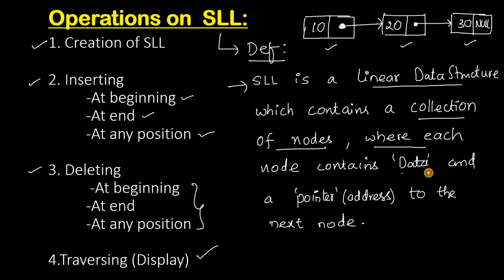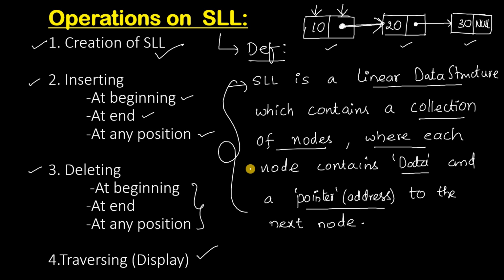First one is data field and second one is pointer or address field. So this is the data field and this is the pointer or address field, which points to the next node in the list. Okay, so this is the definition. Once we discuss the first operation, you will get a clear idea about the definition.